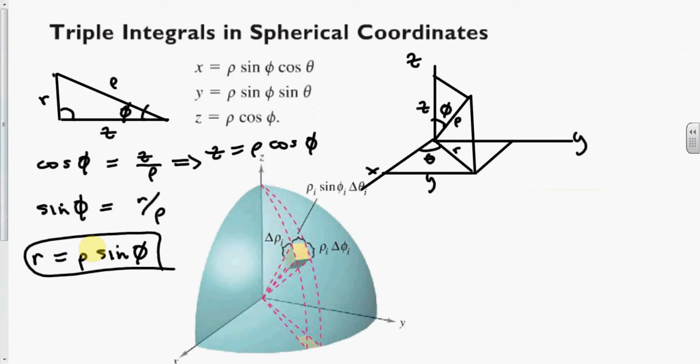So you remember that x is equal to r cosine theta, but replace the r here with rho sine phi. So you get x equal to rho sine phi times cosine theta. And then y is equal to rho sine phi times sine theta. And then z is equal to rho times cosine phi.